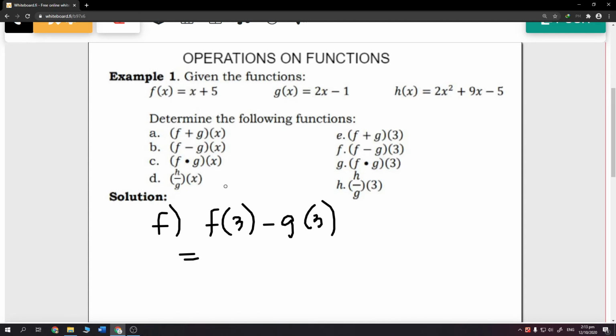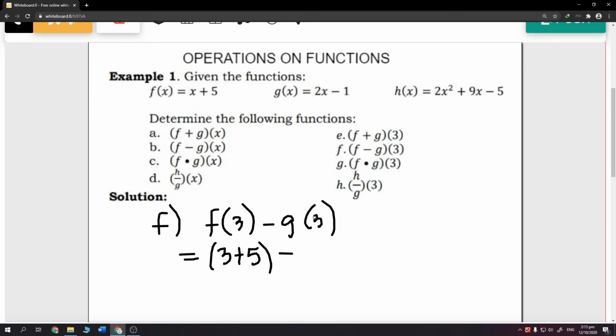So we have to substitute it first. So we have 3 plus 5. So we substitute 3 for x. We can use parentheses, minus our g of x is 2x minus 1.